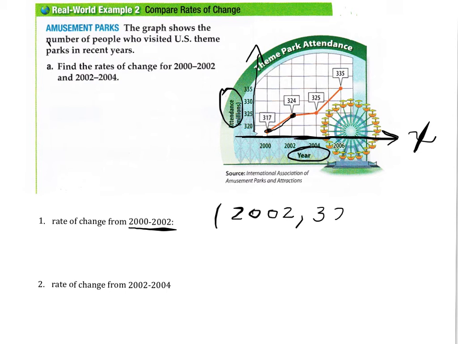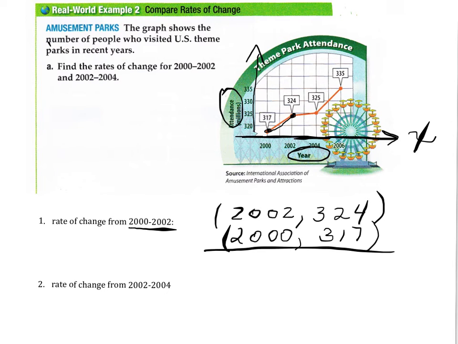And by the way, don't forget that's millions. The other value we need is for the year 2000, and that is 317 million. So, write this ordered pair down on your paper. I would like for you now to calculate that rate of change.